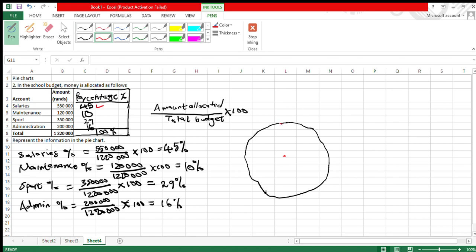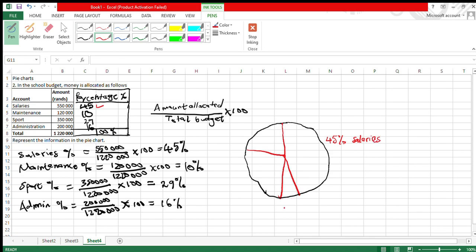I can just draw a straight line here. 45% is almost a half, if you think about it. Not exactly a half, but almost a half. And then the next one is 10%. And then the next one is going to be 29%, which is about this much. Now let's call this 45% salaries.